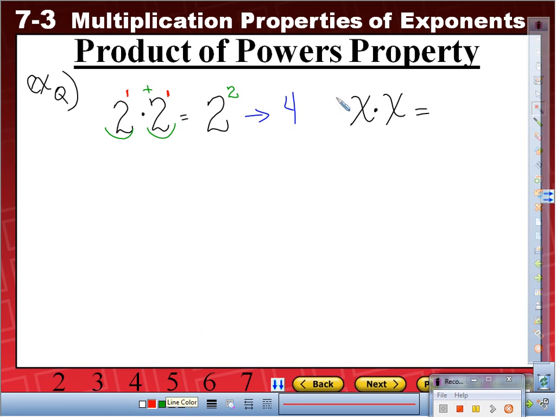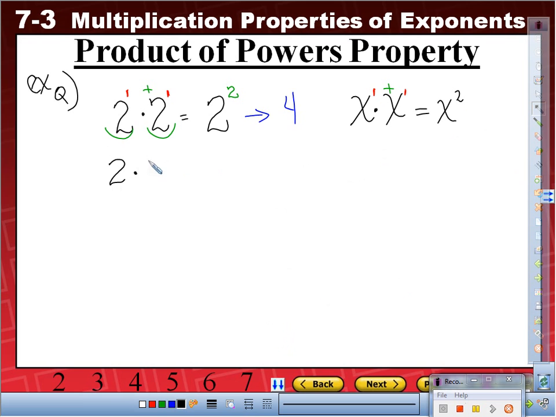So the first thing, who did this? To the first power, both. From there you use the property of product of powers, which is 1 plus 1. So who got x squared? Okay? So if this is true, finish this one.